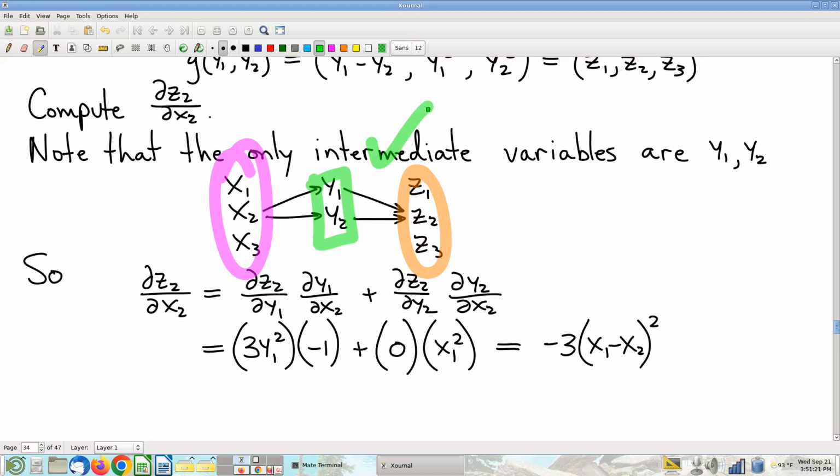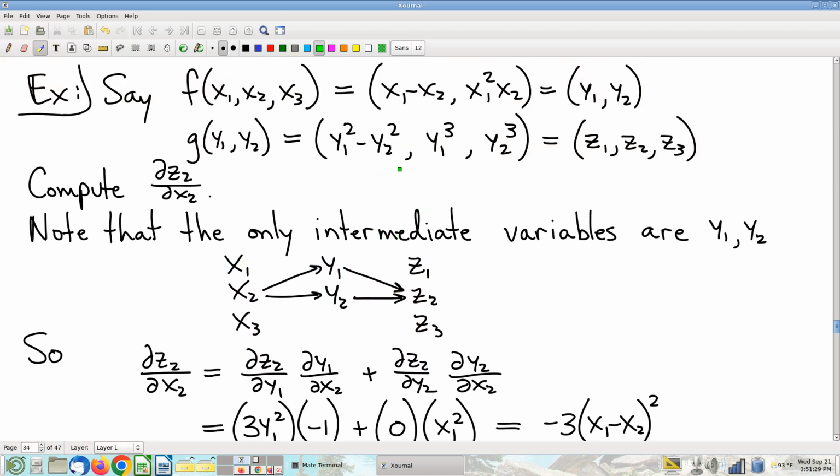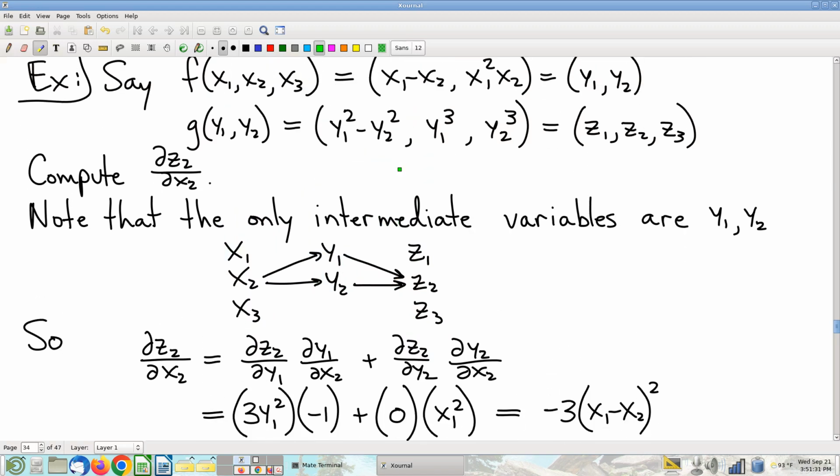All right. So 2 intermediate variables, so 2 terms. Then it's all details. Now you do have to compute appropriate partials. Let's look at one of these. Let's look at the partial of z2 with respect to y1. Don't forget what z2 is. z2 is the second output from that second function.